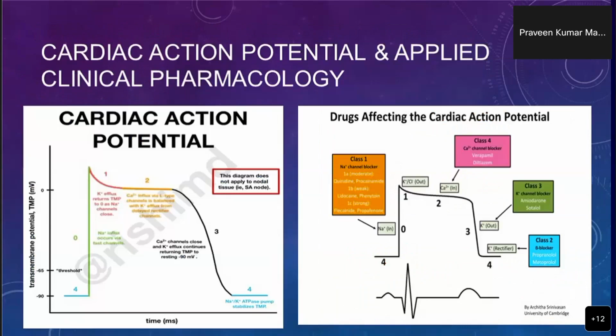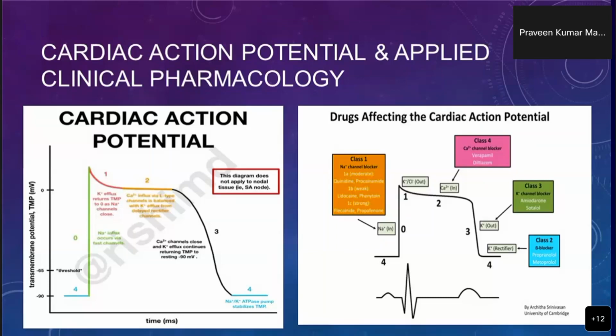Phase 2 includes calcium influx via the L-type calcium channels, balanced with potassium efflux from delayed rectifier channels. In phase 3 the calcium channels close and potassium efflux continues, returning the transmembrane potential to the resting minus 90 millivolts. Based on this, the classes of antiarrhythmic drugs were identified.